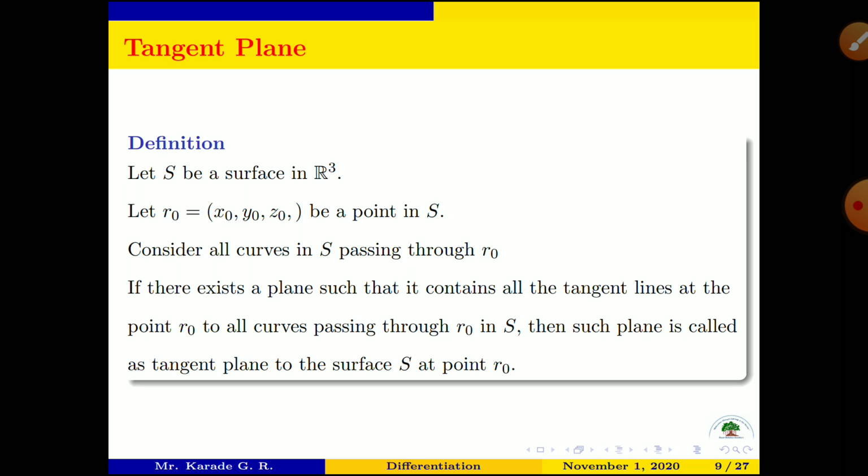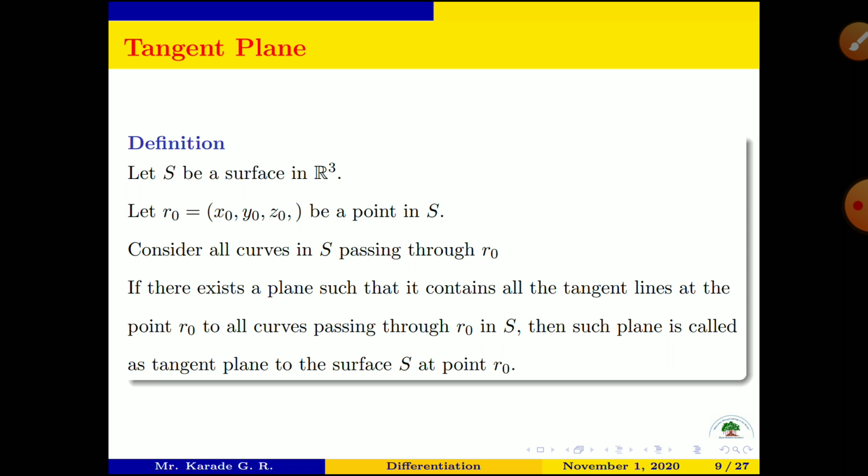Or by definition, if we explain it, if we have the surface of a sphere and R0 is a point on that sphere, then we draw all the curves on that surface passing through the point R0.